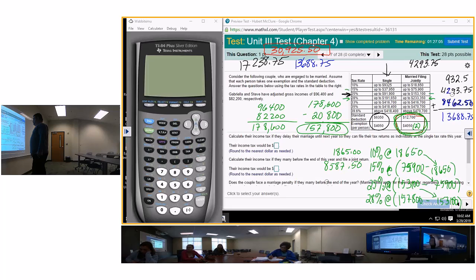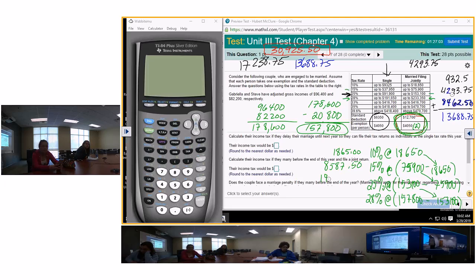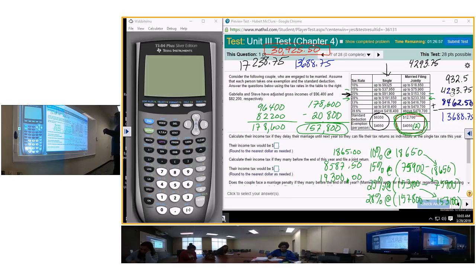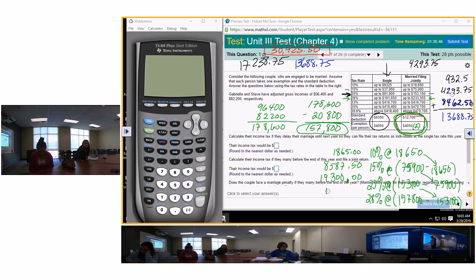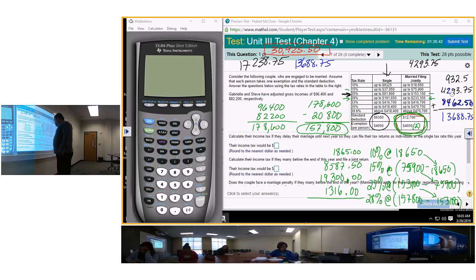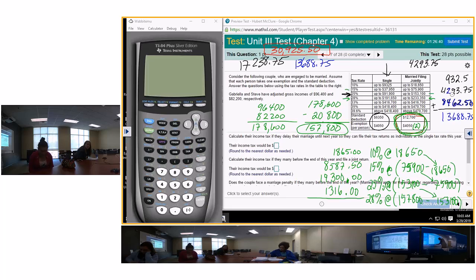I got 19,300. Even? Yes. Okay, and somebody take 157,800 minus 153,100 times 0.28. It's going to be a little bit. 1316 even. Add all those up. 31,068.5.